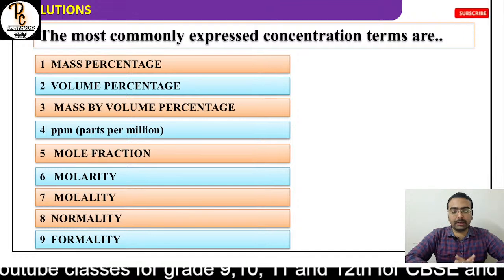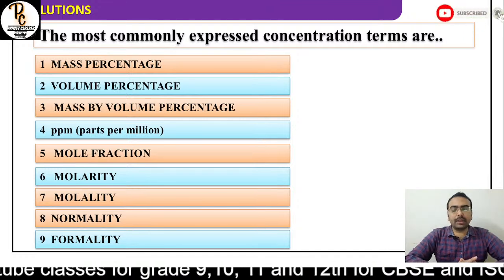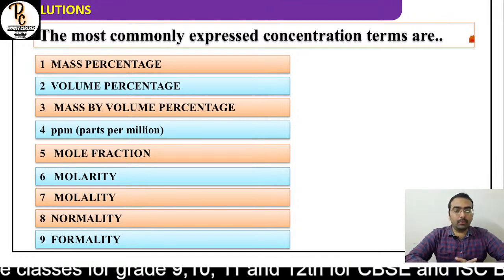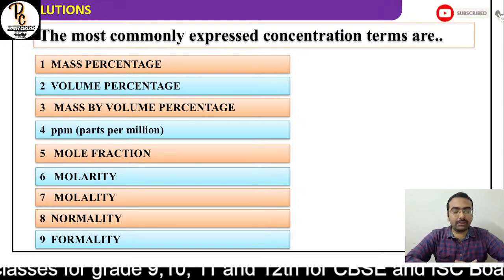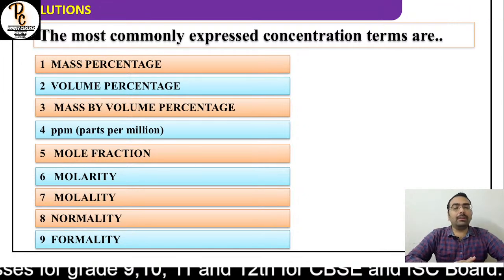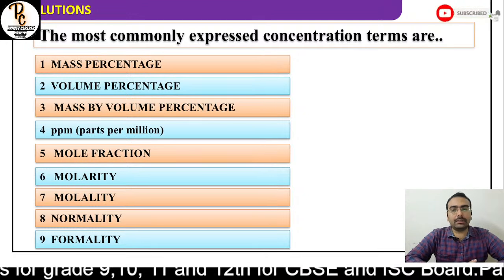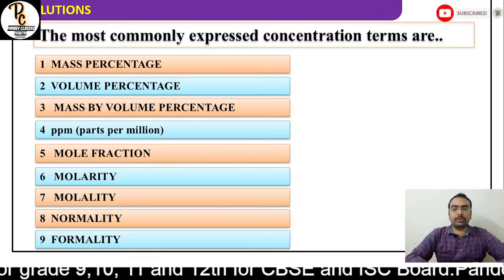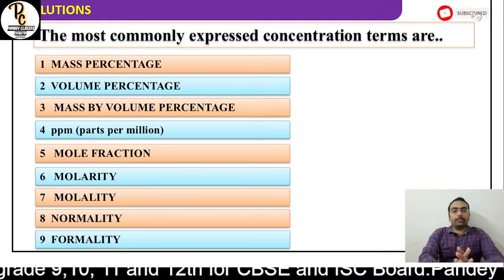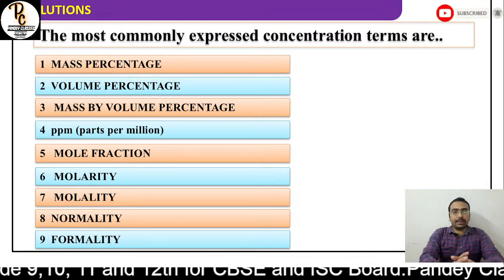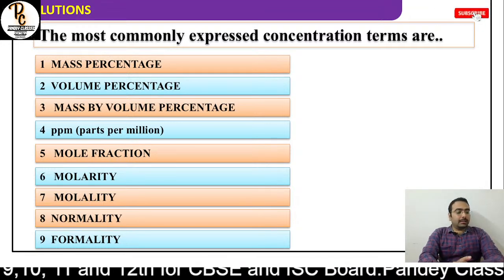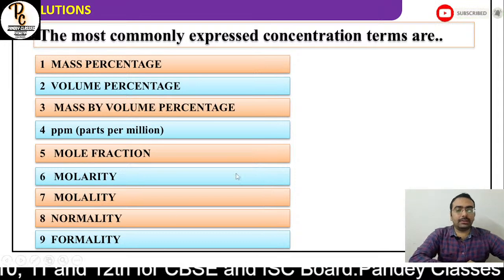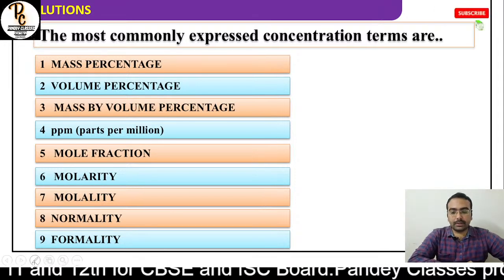So formality we rarely discuss. But if we talk about mole fraction, it's very common, very easy, but calculation is a bit difficult. Okay, so mass percentage, volume by volume percentage, parts per million, and mole fraction, all these concentration terms we have discussed.